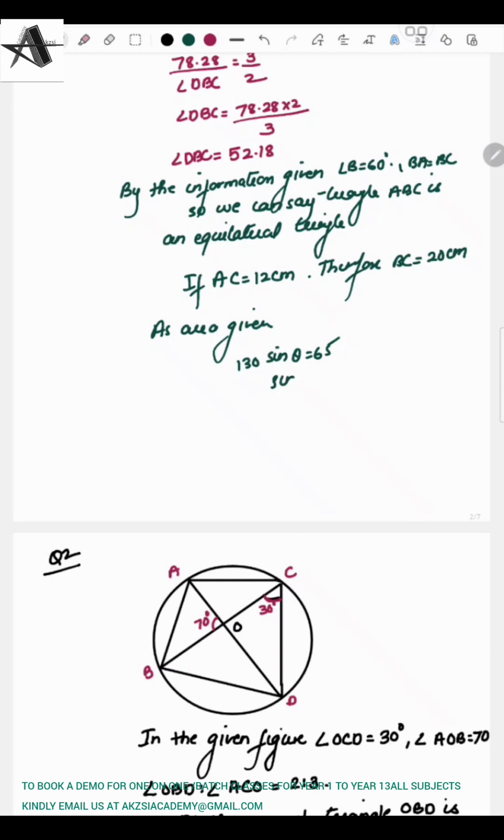So sine theta is 65 over 130. So from here, if you cancel out with 13, this will be 13 times 5, this is 13 times 10, this is 1. So sine theta is 1 over 2. On taking inverse, I'll get theta as 30 degrees.